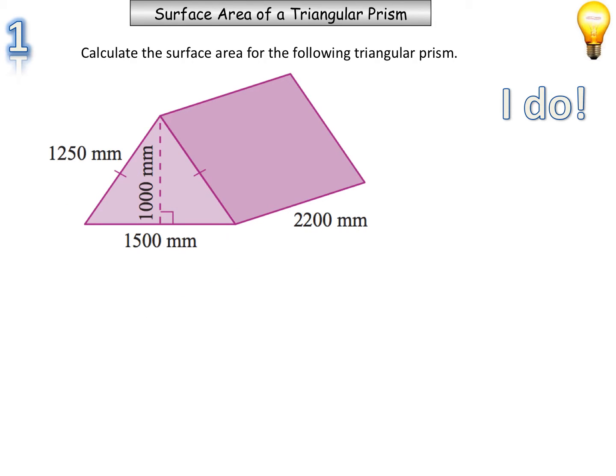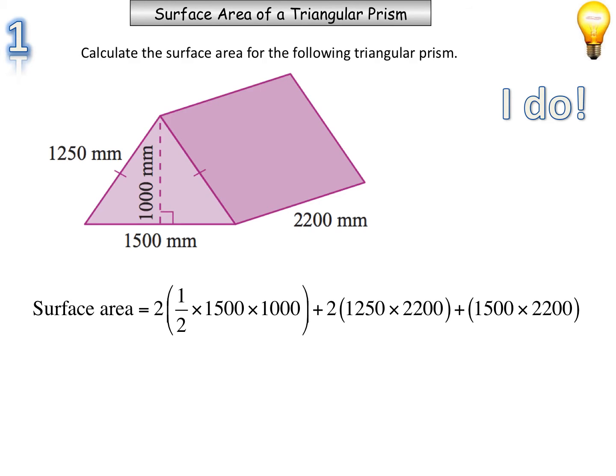Okay, we've got an isosceles triangle in that one. Just remember that the area is a half times base times height. We're going to find the surface area for this particular prism. So the surface area is, so this 2 is from 2 times the triangles. So this, working out, is the area of the face, and I've multiplied it by 2 because I've got the area of the back.